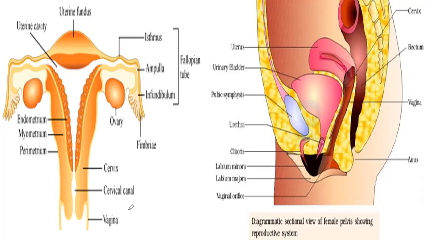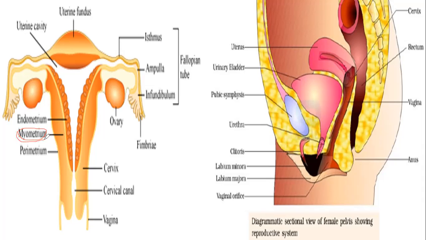The wall of the uterus has three layers of tissues. External is the thin membranous perimetrium. Then there is the myometrium, which is muscular, the middle one.